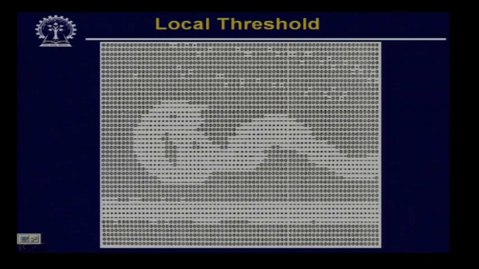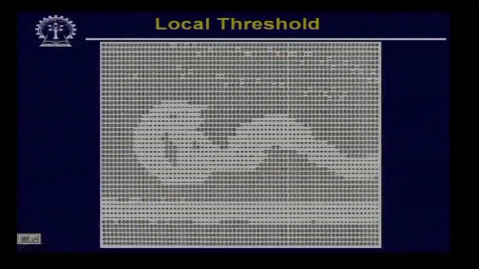This was a dark object against a bright background, maybe some handwritten characters with an underlining. This intermediate image can be processed to find out the object region and the background region.